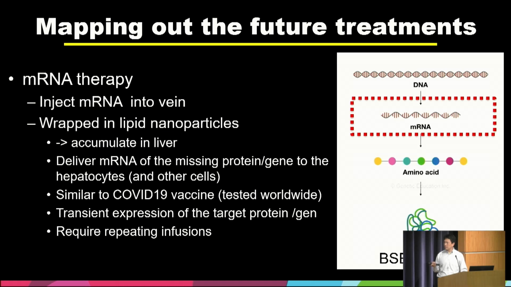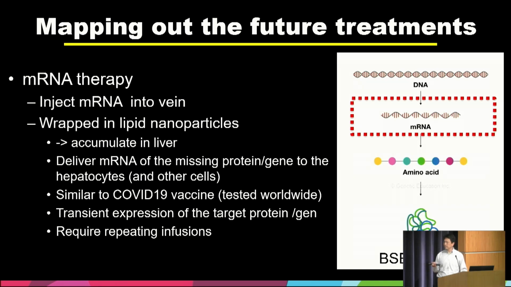The messenger RNA gets delivered, and it has the code of the missing protein. So if you have a BSEP deficiency, we will design a messenger RNA for BSEP. We can deliver the BSEP messenger RNA into the hepatocyte so that they can make it.